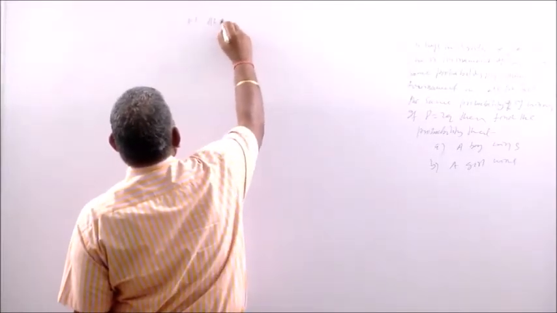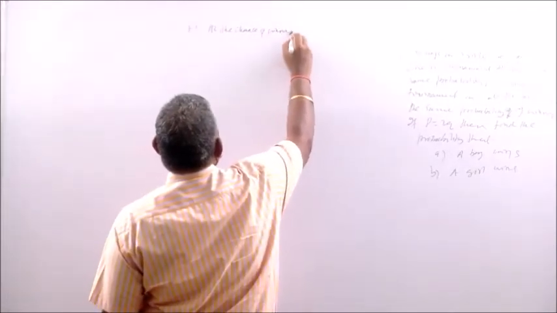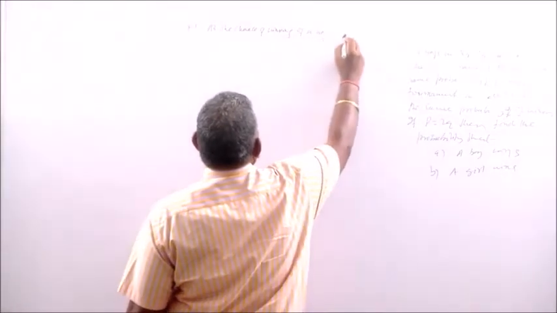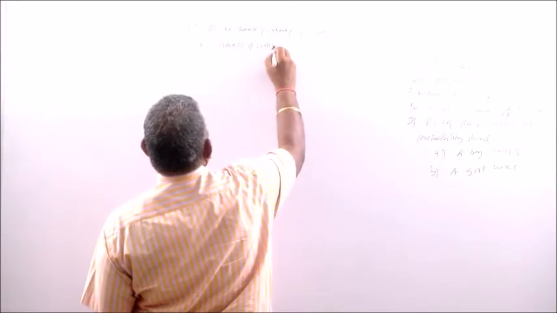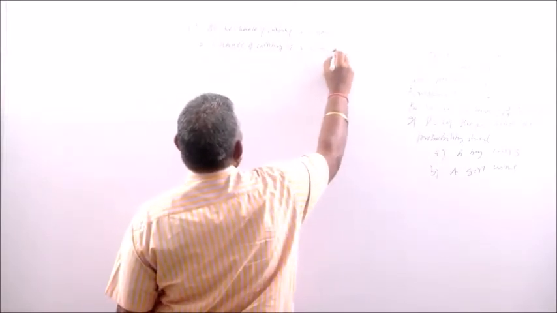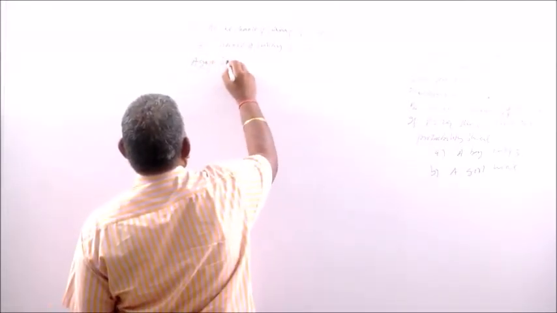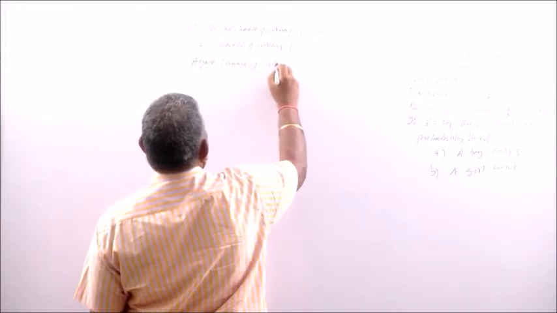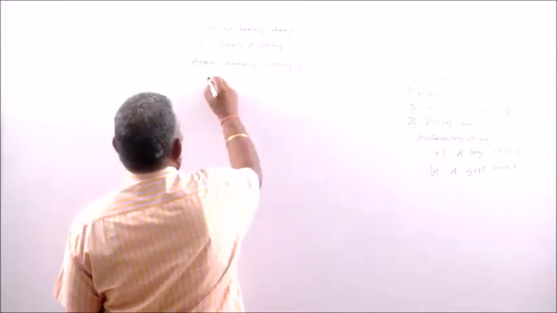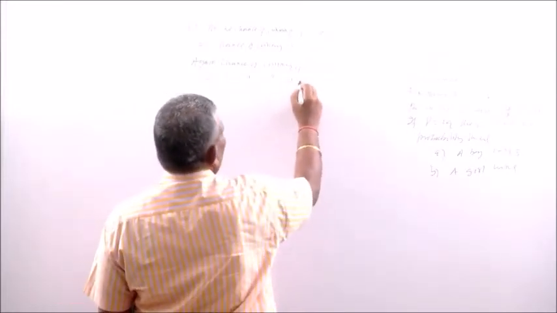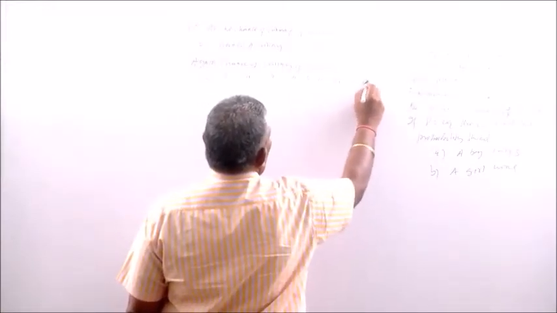Again, the chance of a girl winning is Q, so the chance of 3 girls winning is 3Q.